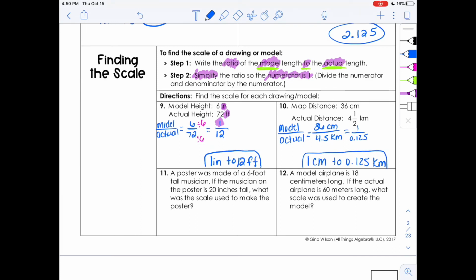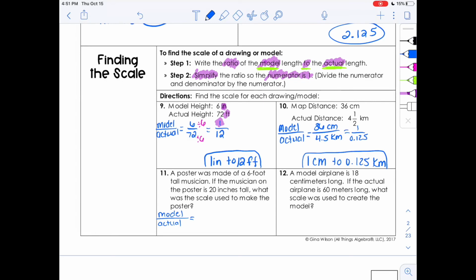Number 11. A poster was made of a 6-foot-tall musician. If the musician on the poster is 20 inches tall, what was the scale used to make the poster? So this puts it more in context of a word problem. So we're still using model over actual, but you're just going to have to be able to read and interpret what's your model and what is your actual.